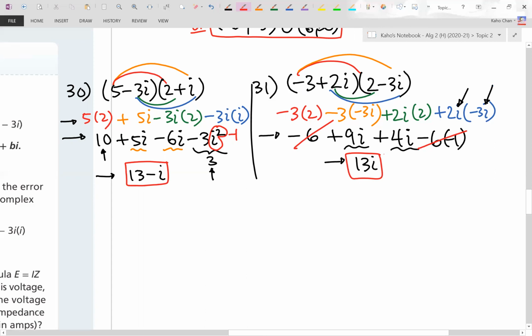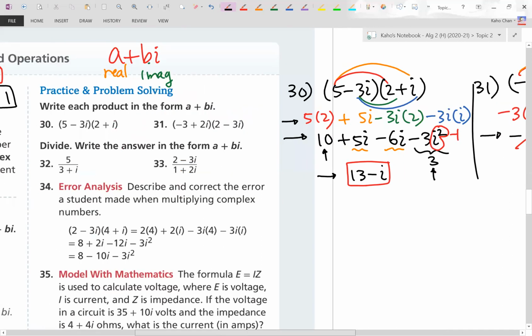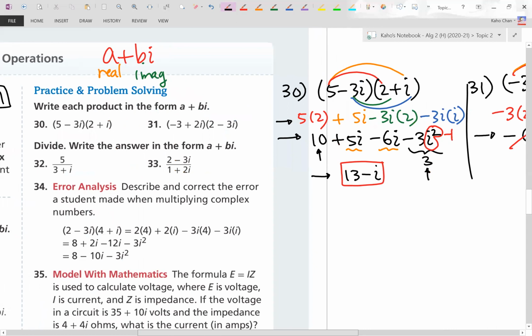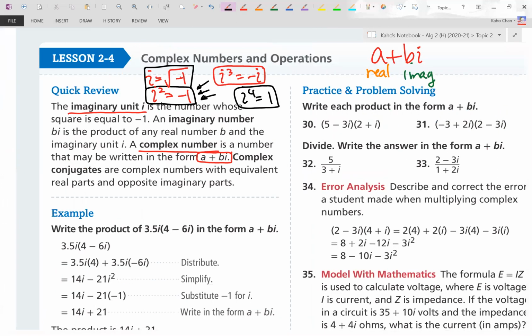You guys ready for division? Uh-oh. Before we do that, we need to remind ourselves, in algebra, we do not like not only radicals in the denominator as an answer, we also do not like complex numbers. So we need to invoke something called complex conjugates right here.